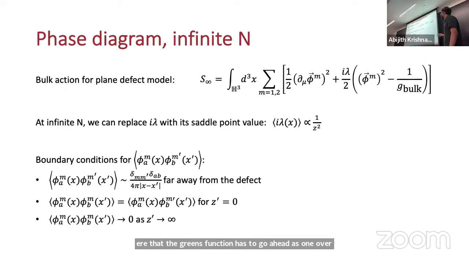The second boundary condition is that the fields are equal to each other at the defect. Remember, we split the fields into phi 1 and phi 2, but at the defect, they have to equal each other. Finally, if we take one field very far away from the defect, this has to go to 0.